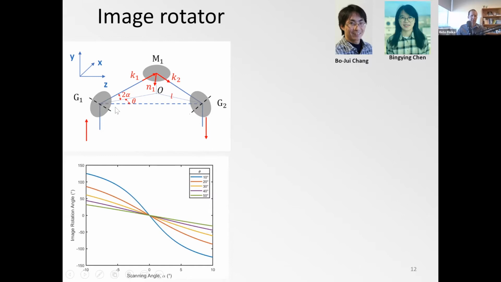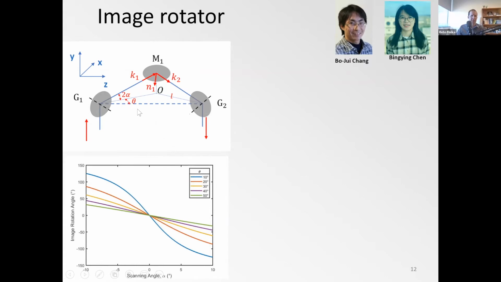But if you were, say, in the horizontal plane here spanned by X and Z, you would incline these 2 Galvo mirrors and then have the stationary mirrors aligned around here. And depending on how that inclination in the horizontal plane is of these 2 Galvo mirrors, it can actually amplify the image rotation angle. So here the image rotation angle is plotted, and here the mechanical scan angle of the mirrors, which is typically plus minus 10 degrees.